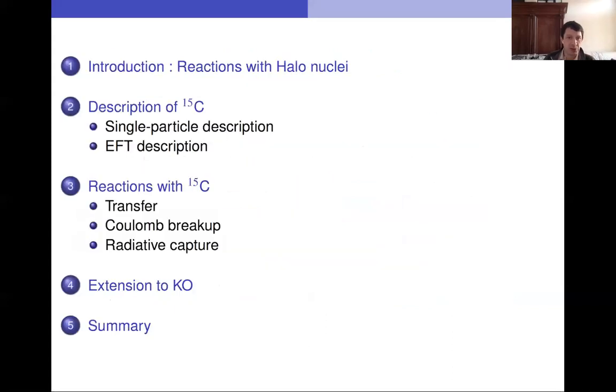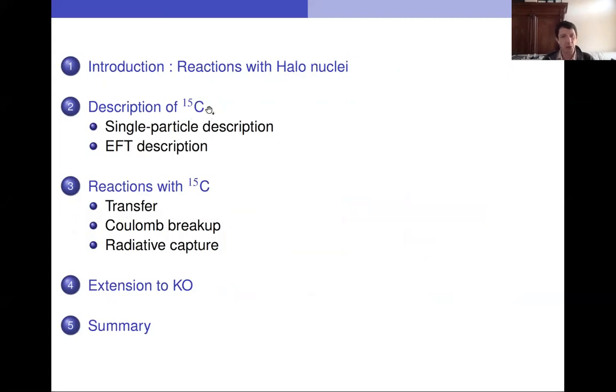So in this presentation, I will first start with a brief introduction on halonuclei and the reactions that are used to study their structure. Then I will move to this effective field theory description, and I will apply it in particular to carbon-15 because it's a nice nucleus to apply that description.